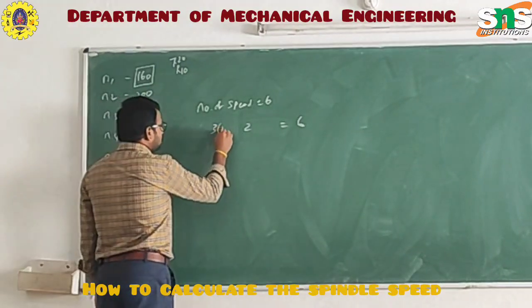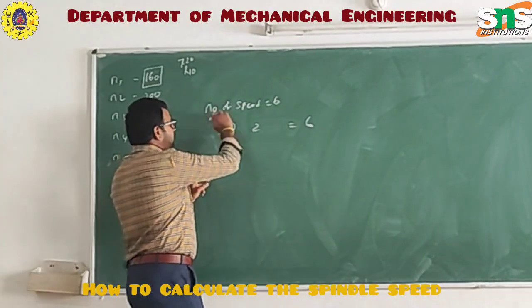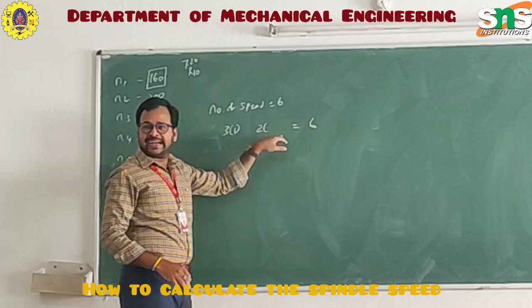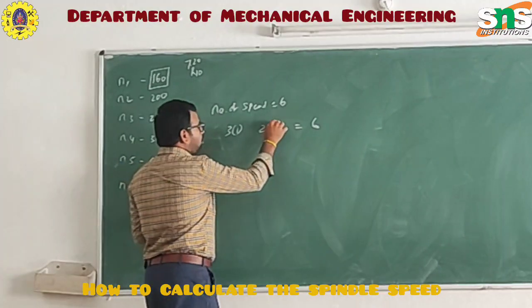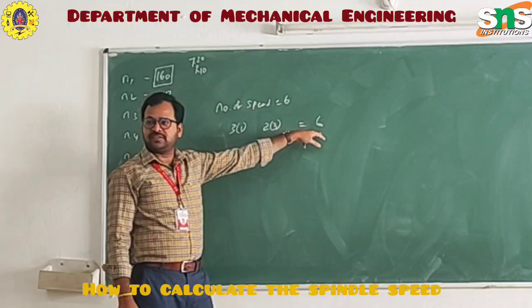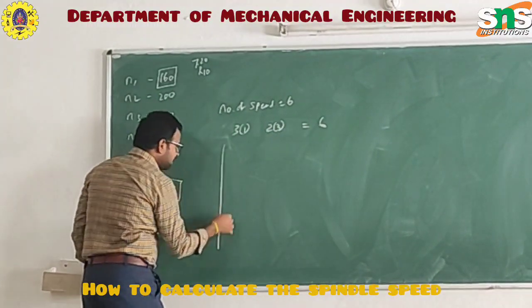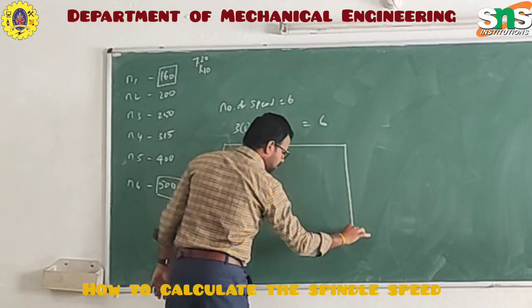Now 1 into 3 will be the output of the second stage. Now you can add these values and finally we get the attainment of total speeds. Get it? So next we want to construct the ray diagram.